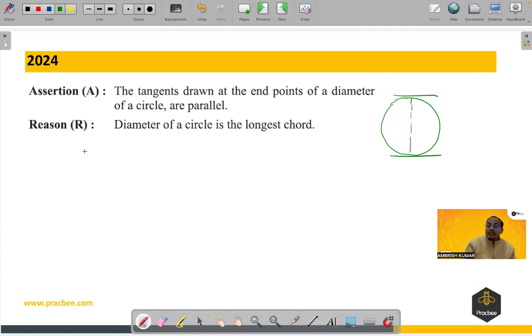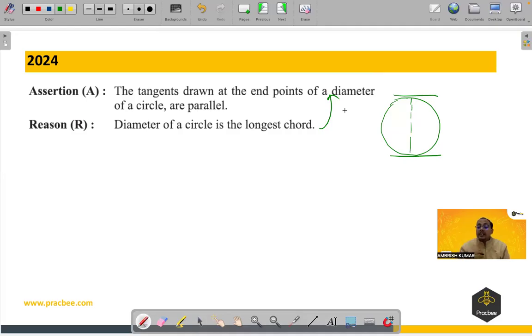But so what? Is this the correct explanation? Diameter of the circle is the longest chord. That's okay. Look, assertion is true. Reason is also true. But do you think this reason is the explanation for this assertion? No. The diameter being the longest chord means what? Nothing.